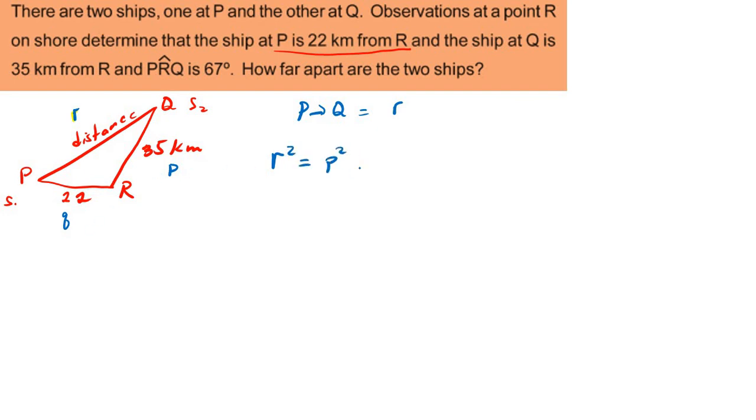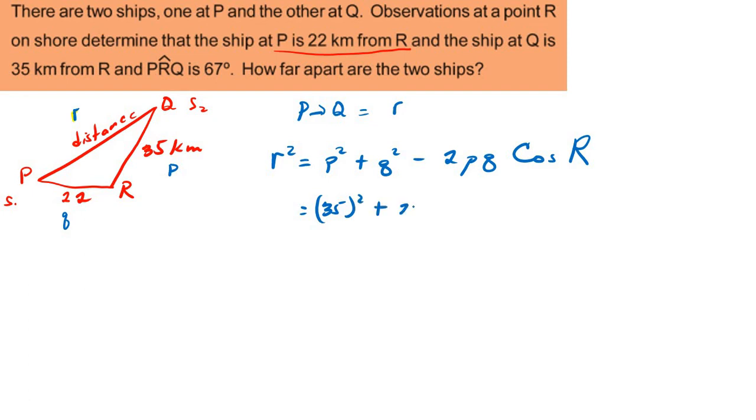That would be P squared plus Q squared minus 2PQ cosine R.